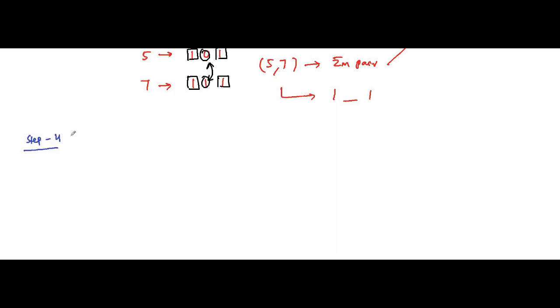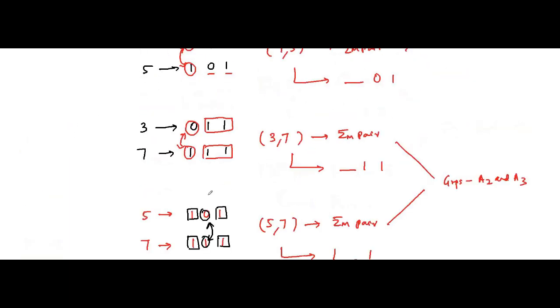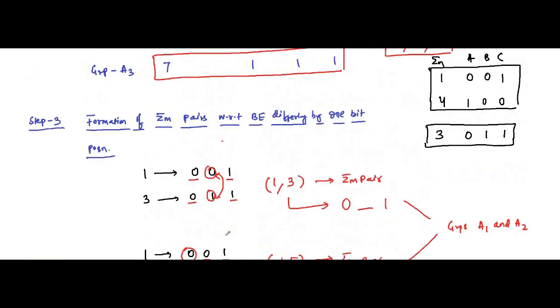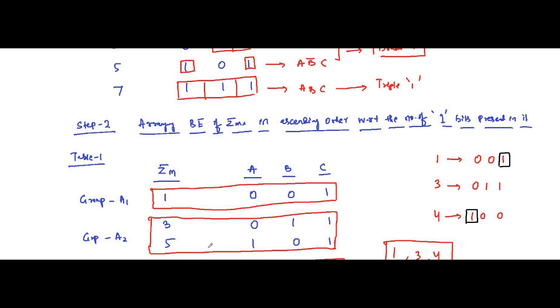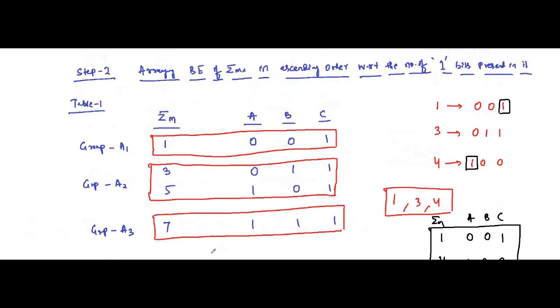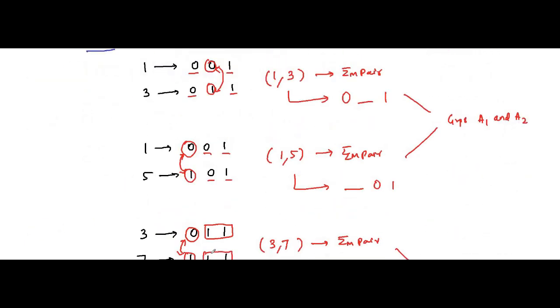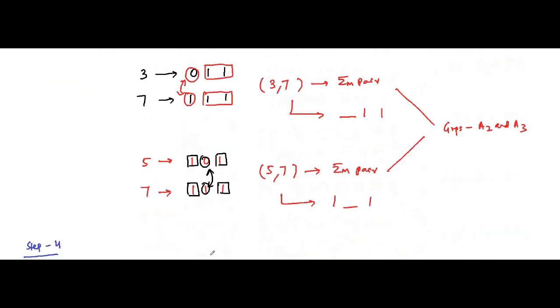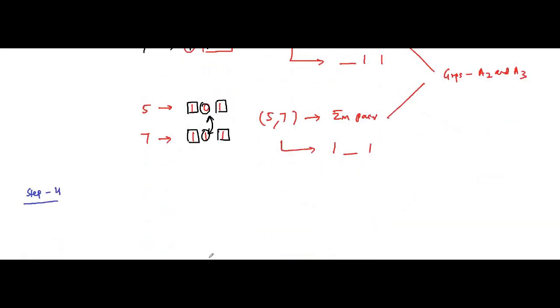It's not lengthy once you practice a lot of questions related to it. Just by looking at the table of binary equivalents, you can form minterm pairs in your mind. But for that you have to practice a lot of questions using the conventional lengthy process. Then you will gain that expertise.